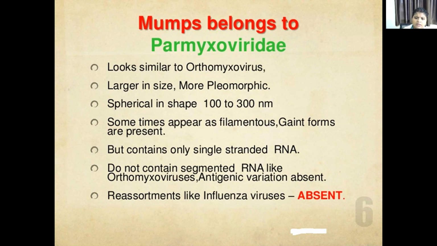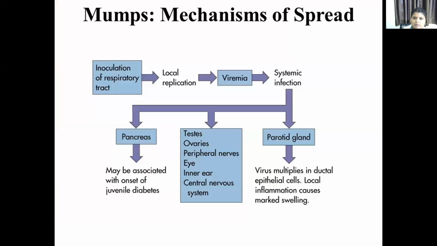It does not contain segmented RNA, whereas in orthomyxovirus we see 8 segments of RNA. It doesn't show any antigenic variability, which we see in orthomyxoviruses. Genetic reassortment is absent in paramyxovirus.